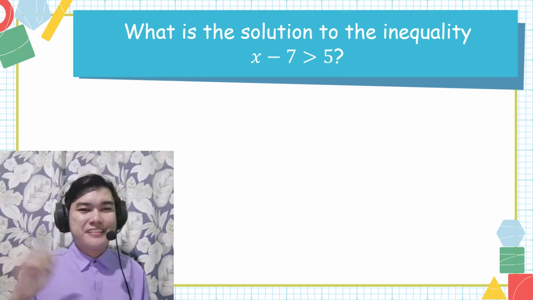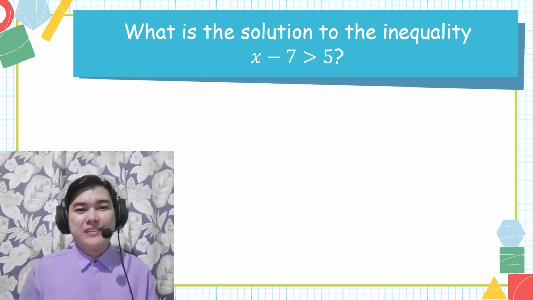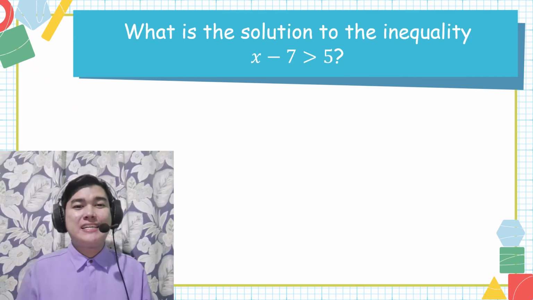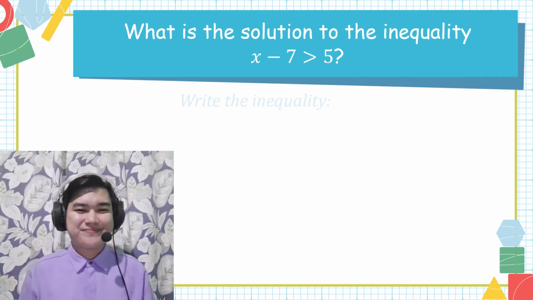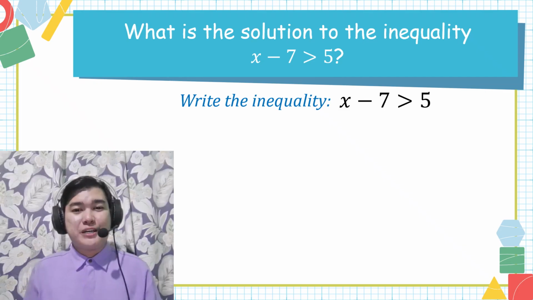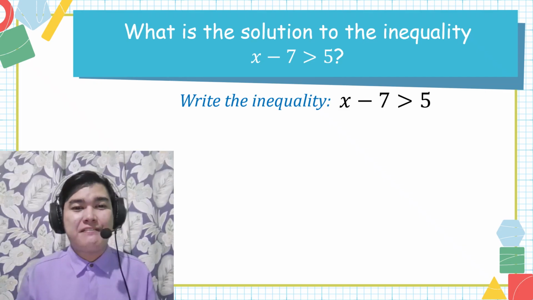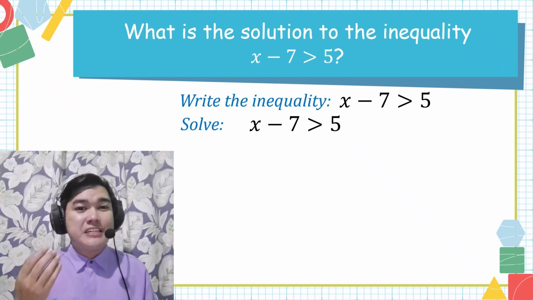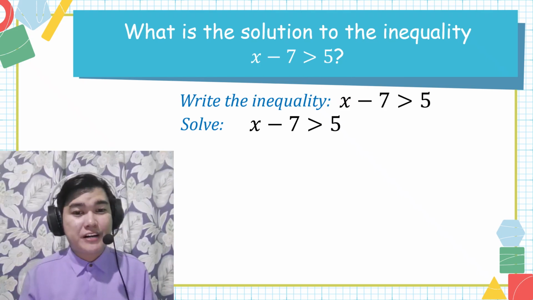Let's take a look at this given. What is the solution to the inequality x minus 7 is greater than 5? Let us write the inequality. x minus 7 is greater than 5. For us to solve this inequality, we will just follow the same procedure in solving linear equation in one variable.